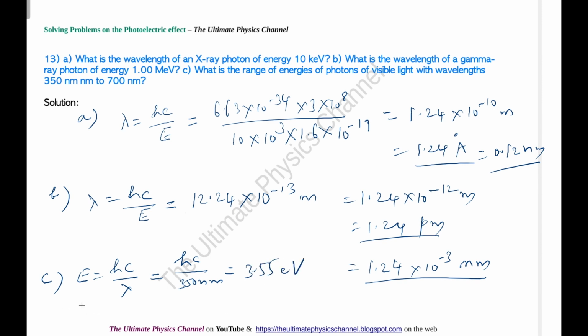And then if you do the same formula for 700 nanometers, which is the other end of the visible spectrum, you would get about 1.78 eV.